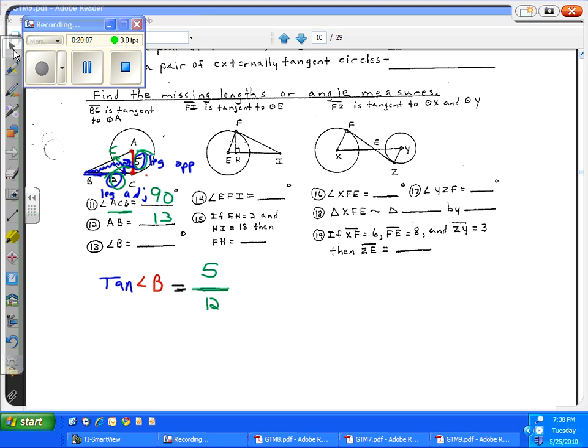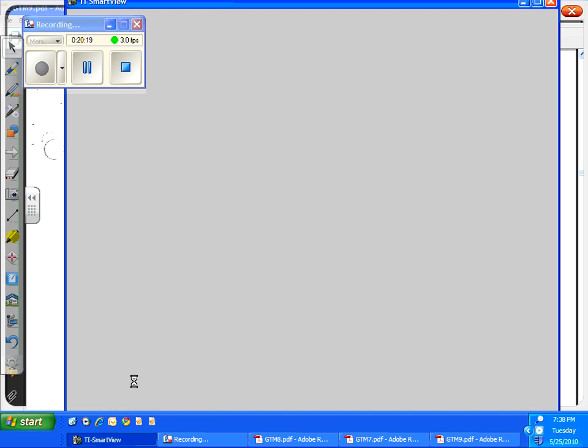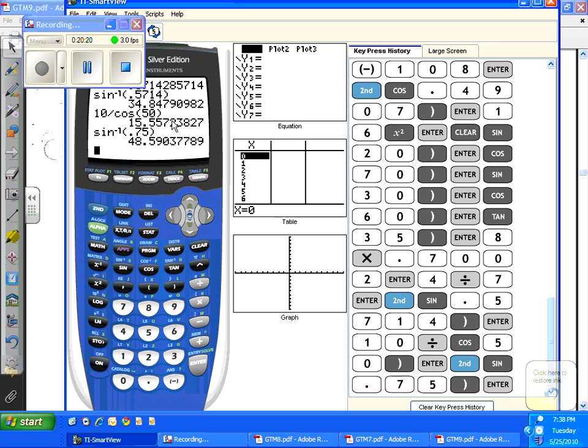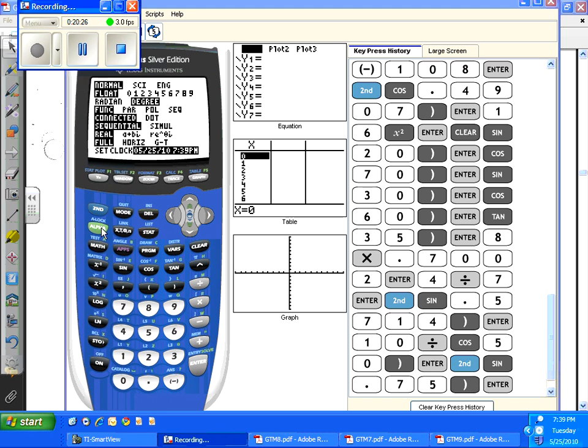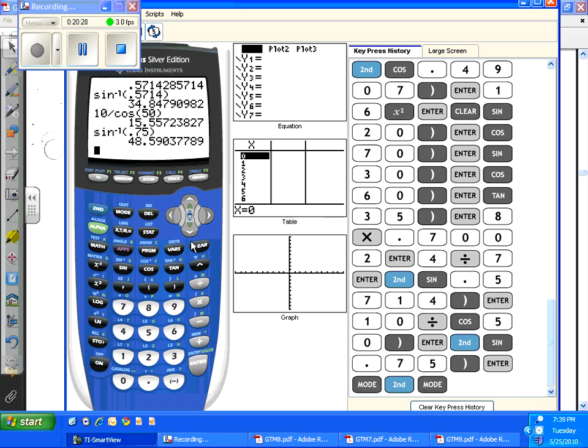It's order of operations time. We're going to do what we can to simplify, so we do that division. So we would have tangent angle B is equal to, we're going to do 5 divided by 12 and take it out 4 decimal places. We're going to first go to mode and double check that it's in degrees. Second quit. We'll clear that out.